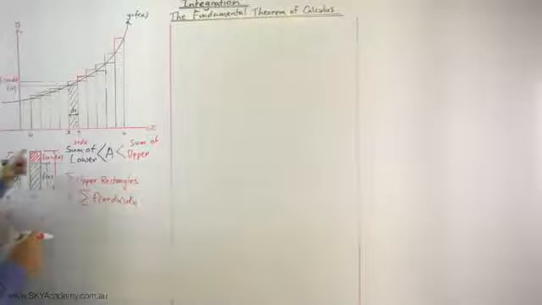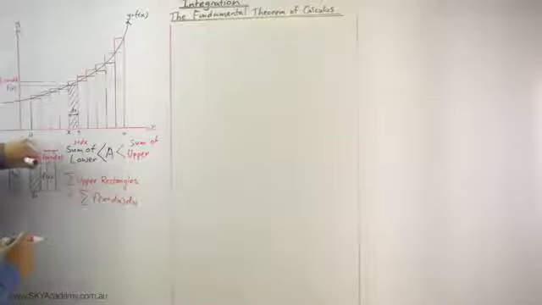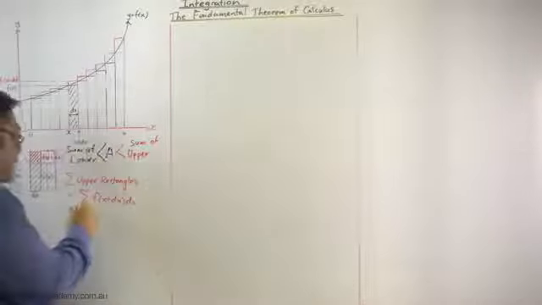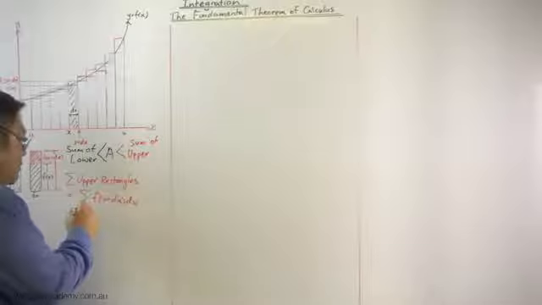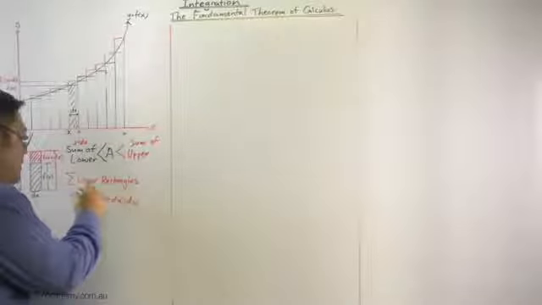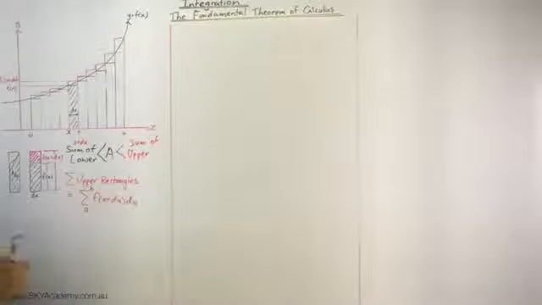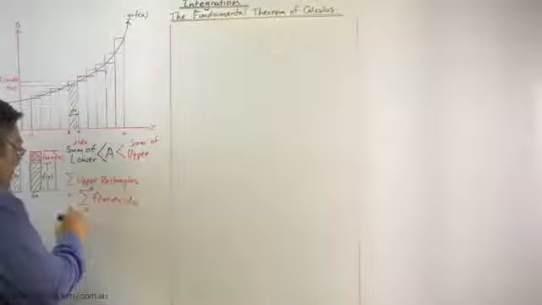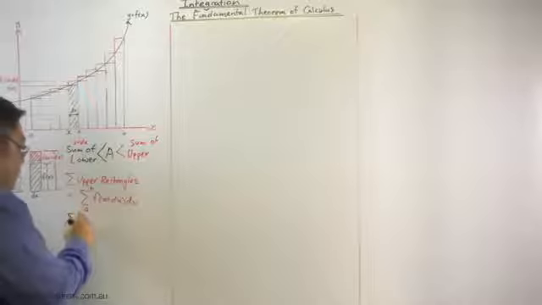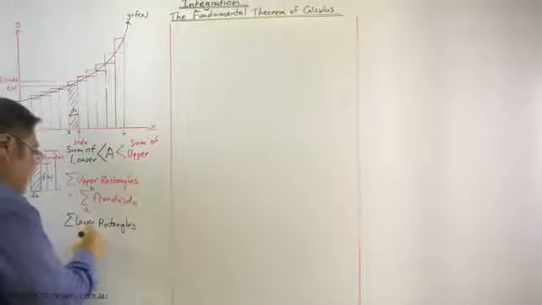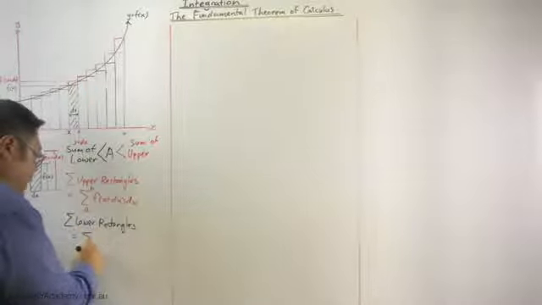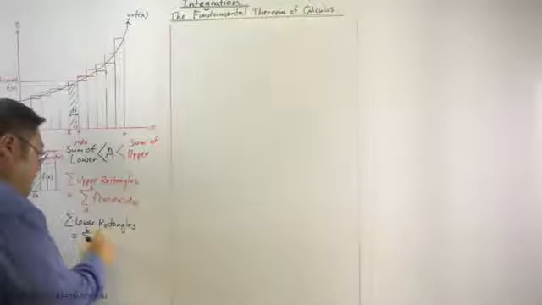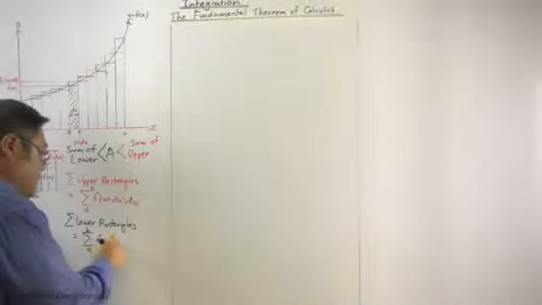And it's the sum as we move from A to B. Does that make sense? Now, the sum of the lower rectangles will be exactly the same, but it will be from A to B of f of x dx.